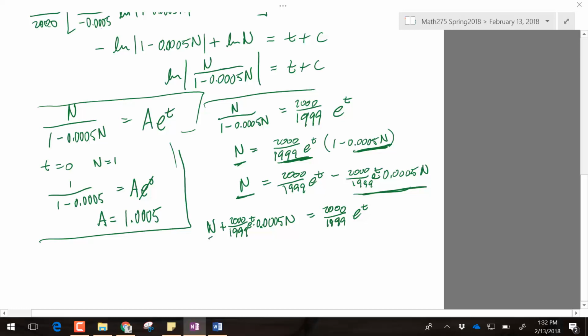And then you can factor out an n and then divide both sides by what you factored out.